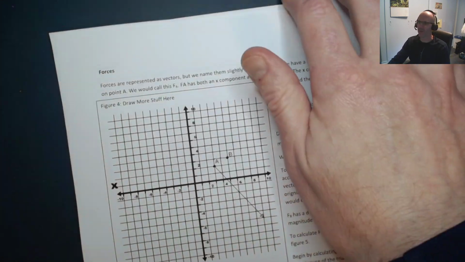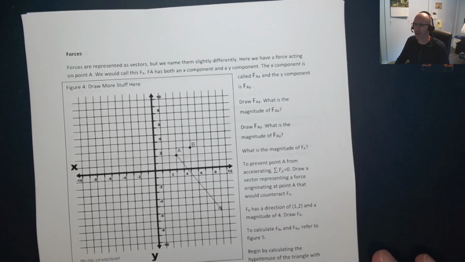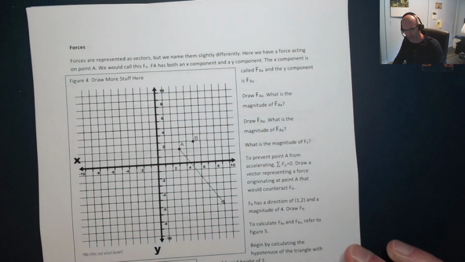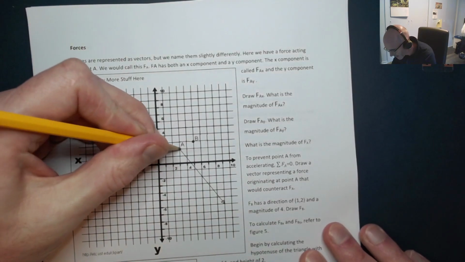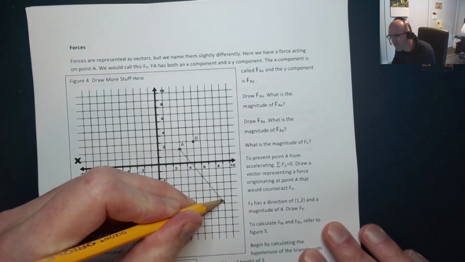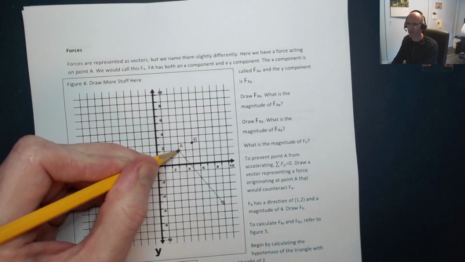Now, why we're doing all this is because we're going to apply this to forces. Okay, and we represent the forces as vectors, but sometimes we'll name them slightly differently. It means the same thing here. We have a force acting on point A. So you can see that the force is pulling away from point A. You can think of this as being like somebody holding a string and pulling on this point in this direction.